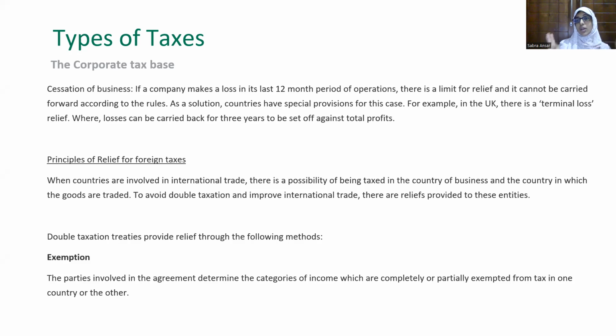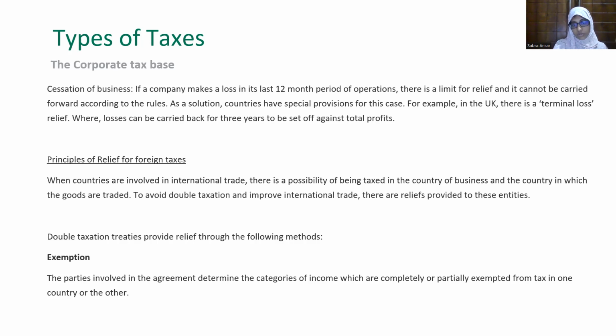So when there are two countries in which the organization does its trading, if that company is being exempted partly or completely in one country, then the relief that is given here is called exemption.